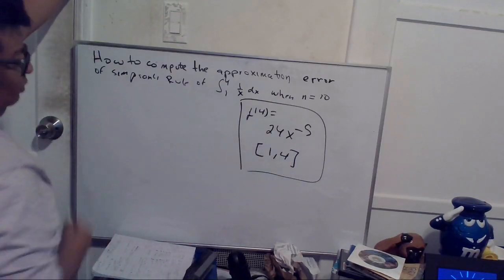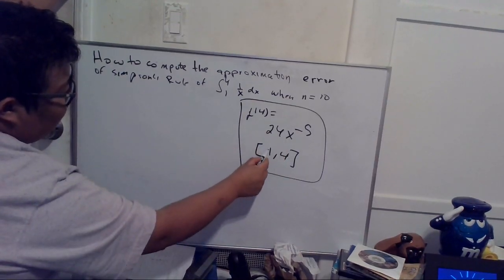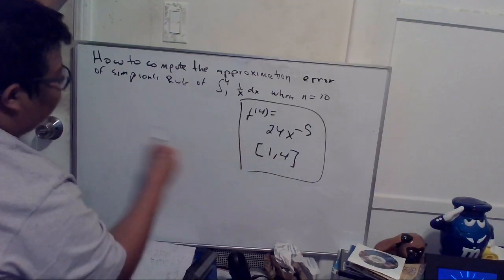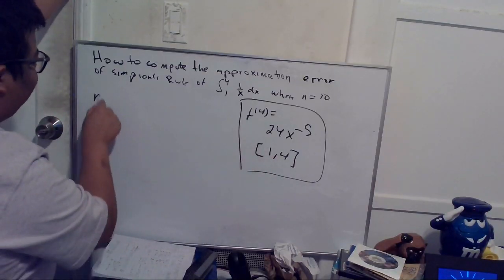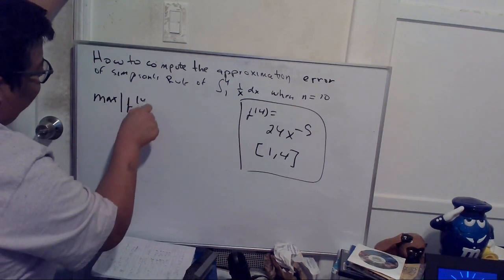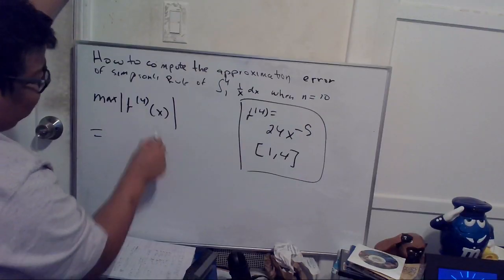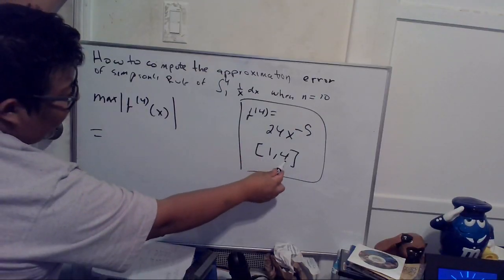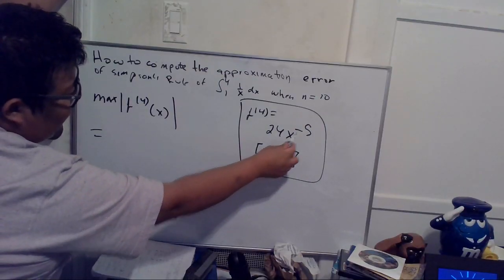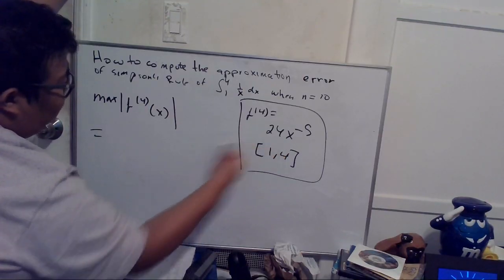That would imply that x has to be equal to 1 to get the maximum. So the maximum of the fourth derivative has to be when x equals 1, because if I put in 4 to the negative 5th, that's going to make this very small. But if I put in 1, it's going to be the largest.